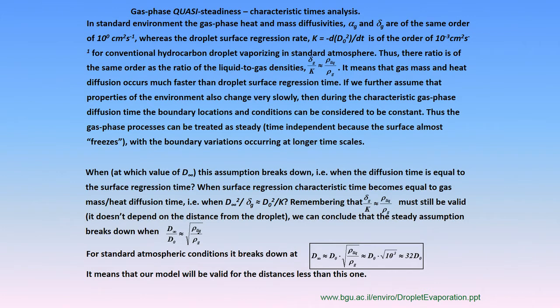analysis. Now, in a standard environment, what we know is that the gas phase heat and mass diffusivities, alpha g and delta g, let us assume that it is delta g, it can be anything, are of the same order, which is of the order of about 10 to the power of 0 centimeter square per second. But the droplet surface regression rate, if you measure, that means this droplet is actually shrinking, right.